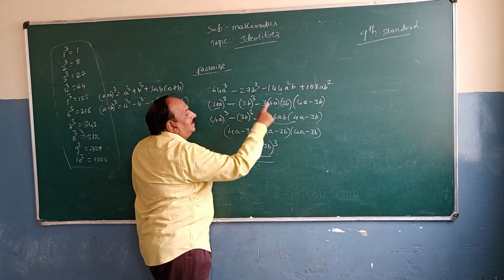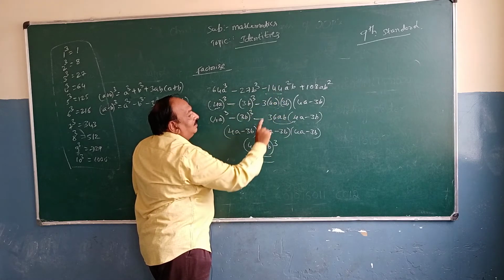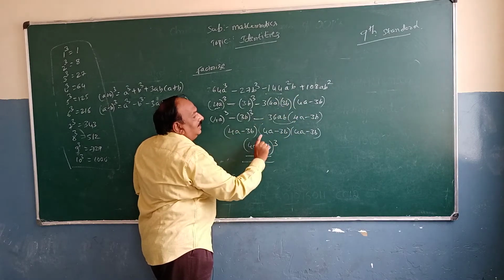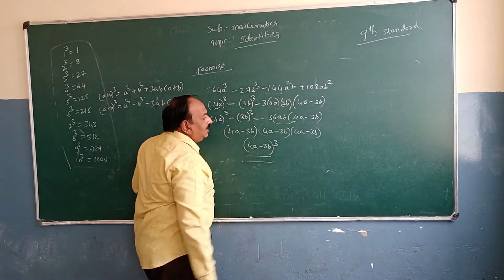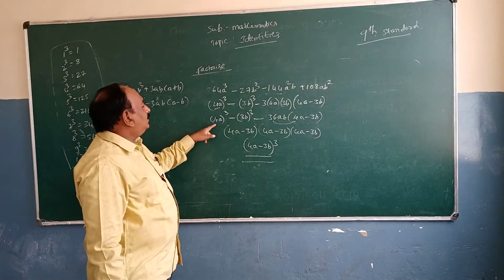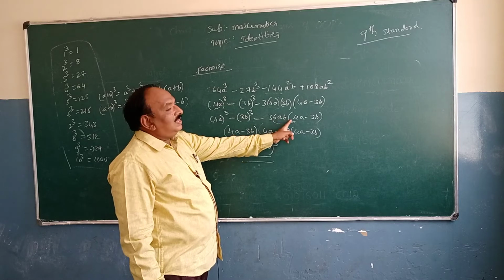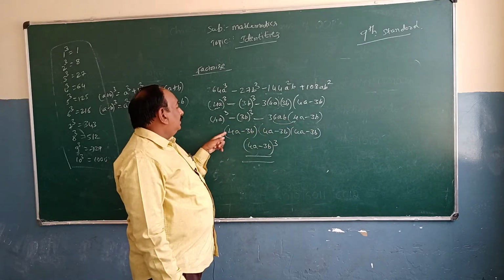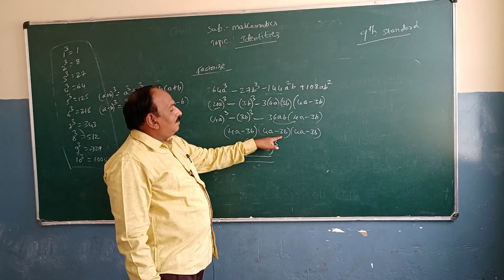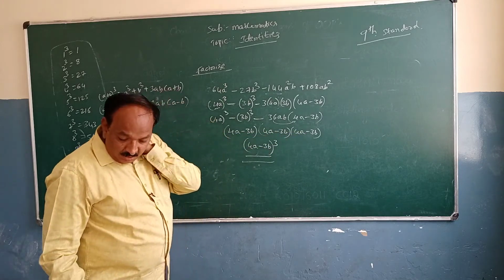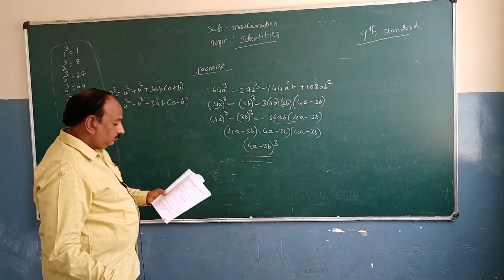Plus into minus minus, a into a square b. Minus into minus plus, 36 3s are 108, a as it is, b into b square. So this can be written as a cube minus b cube minus 3ab into a minus b. That is 4a minus 3b whole cube.